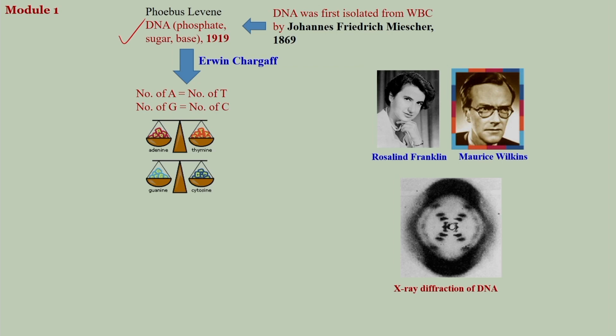So Erwin Chargaff found out that if you isolate a DNA from one sample and then analyze, the number of moles of adenine that you obtain is always equal to the number of moles of thymine. Similarly, the number of moles of guanine is equivalent to that of cytosine.